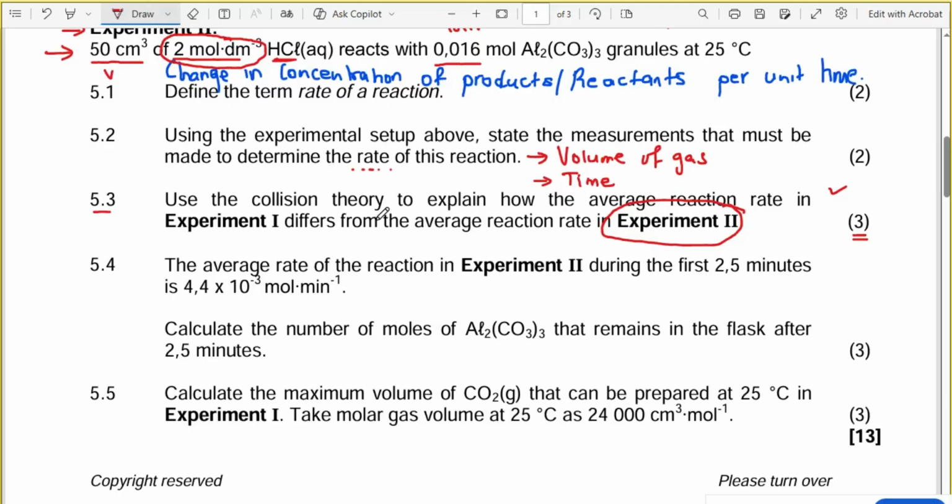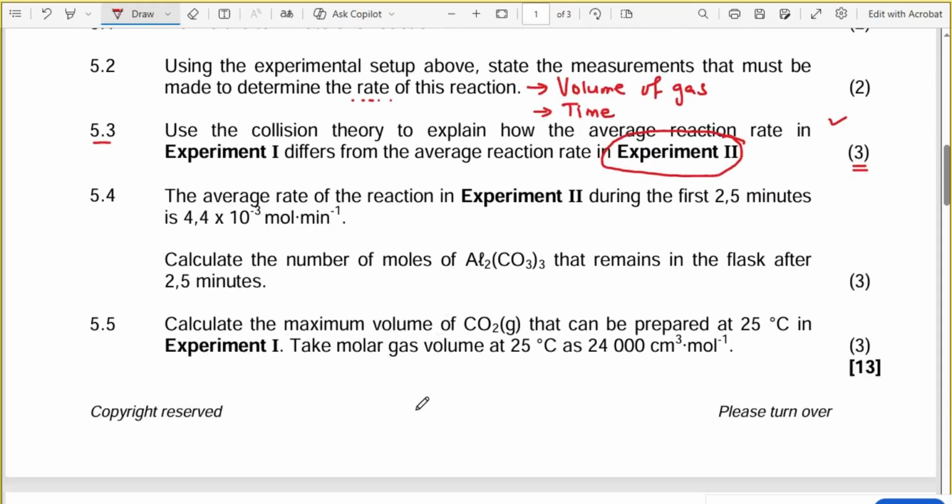Okay, now on 5.4, if we look at 5.4, they say the average rate in experiment 2 during the first 2.5 minutes. So we are given the average rate. And when I have this, you know what I expect you guys to do? You always need to know these formulas.